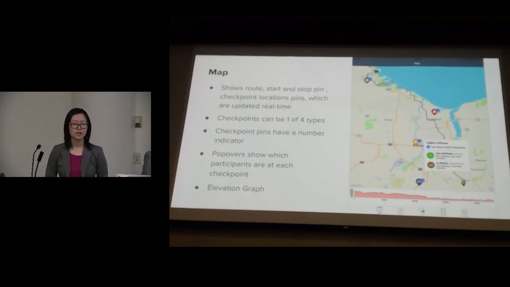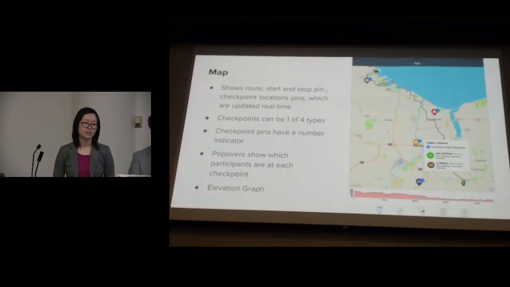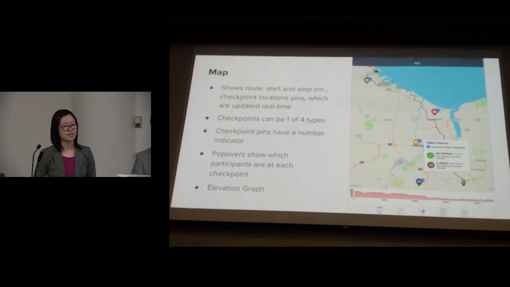So checkpoint pins also have a number indicator that shows how many participants were last seen at that checkpoint. So when a participant with a beacon comes into range of one of the checkpoints, the number will update. And also when you tap on the pin, you'll be able to see a popover that tells you exactly which participant was last seen there.